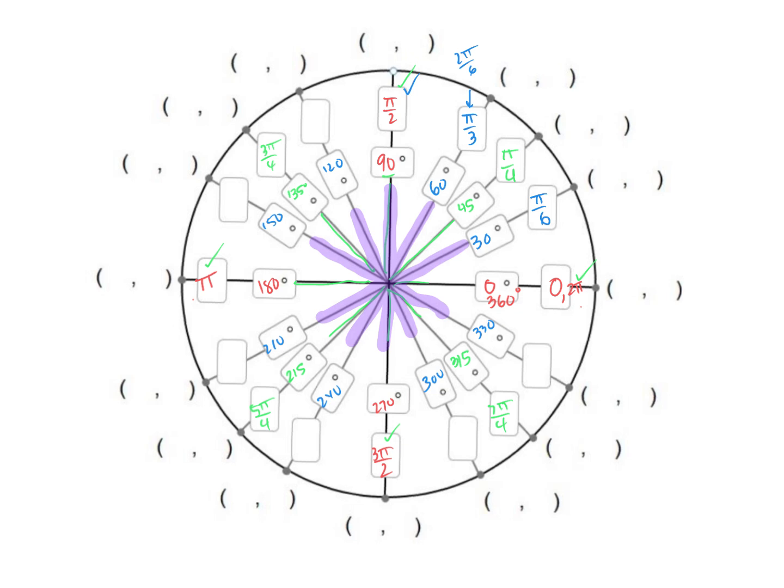Then 3 pi over 6, but we already have a number there, so we already have the simplified version of that. Then we're going to have 4 pi over 6, which I'm going to simplify to 2 pi over 3, because 4 and 6 are both even. That's going to give me 5 pi over 6, 6 pi over 6. We already have that, though.